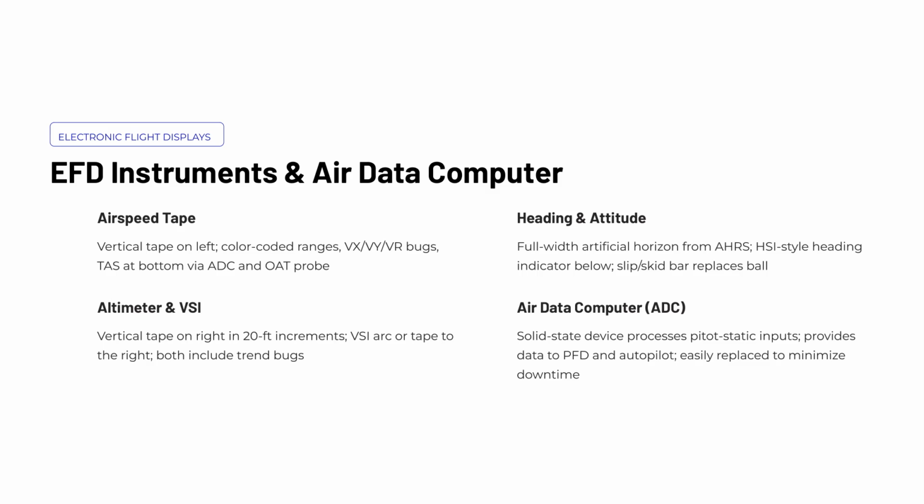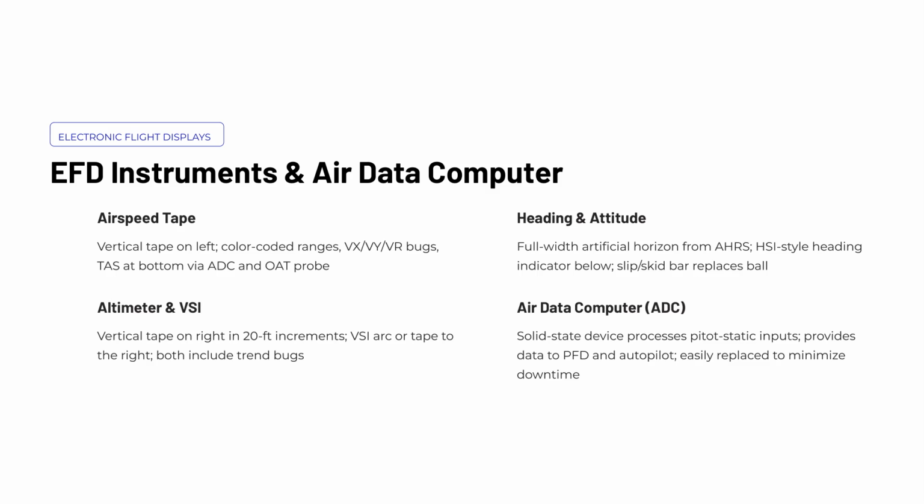It uses color coding to clearly show operating ranges at a glance, and includes reference bugs for VX, VY, and VR. True airspeed is calculated and displayed at the bottom of the tape using data from the air data computer combined with inputs from the outside air temperature probe.